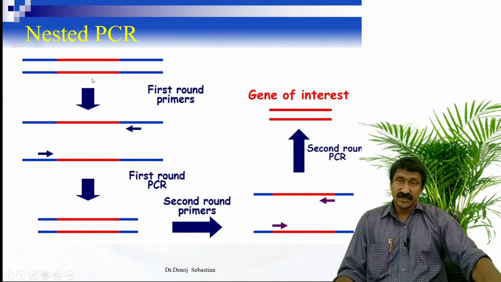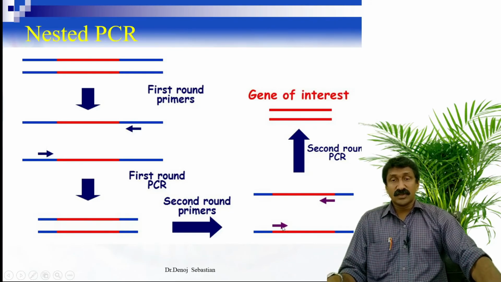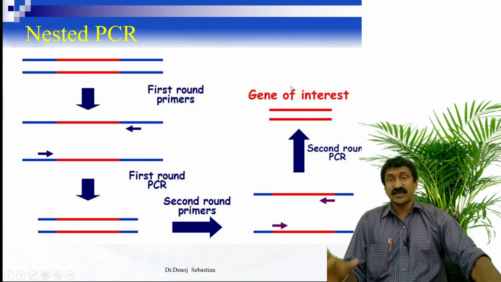The first step reaction is done by designing primers against some of the flanking regions on both sides. After this amplification, you will have the amplified products with maybe some amount of non-specific products. But when you use the second primer, it will bind more specifically to this region, and you will get the gene of interest amplified.